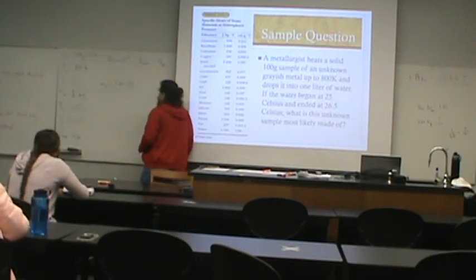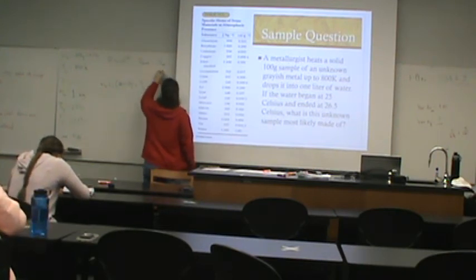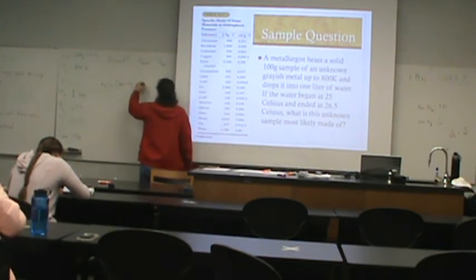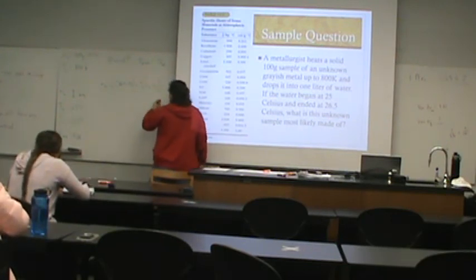It goes up 1.5 Celsius. And on the other side, negative Q loss, but the metal is what's losing heat, so we plug in the information for the metal. Mass of metal times C of metal times the delta T of metal.